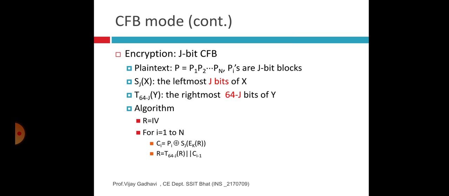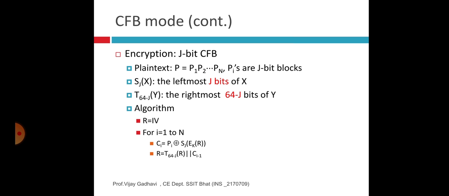CFB mode, we continue with the last topic, encryption J bit CFB. Here plain text P is equal to P1 to Pn. Pi are J bit blocks. Here blocks are some amount of data or information which is considered as an input for the encryption process.